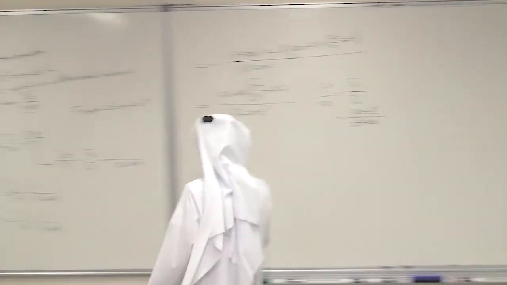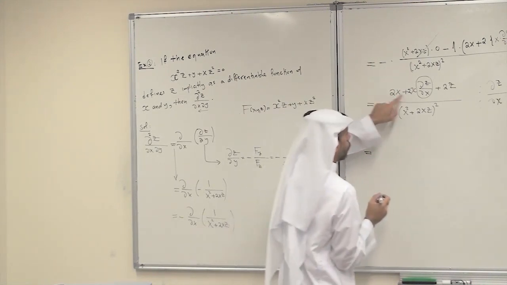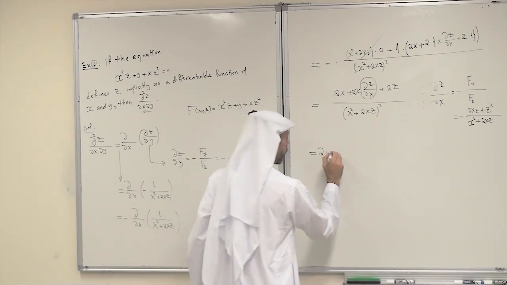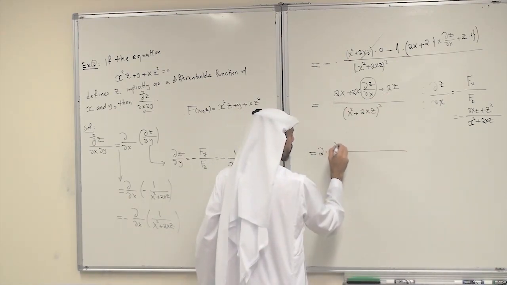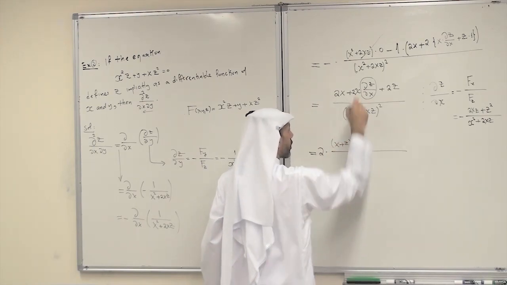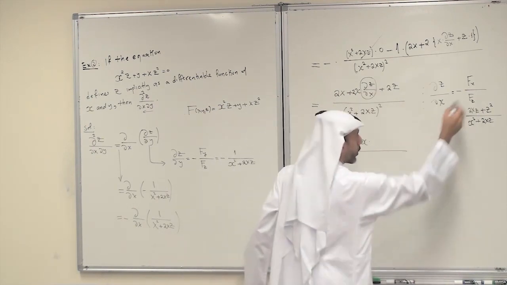So if we do this, notice first that 2 and 2 is a common factor, so I will take the 2 outside, and then I have the following: x plus z plus x times partial z partial x, which is this quantity.